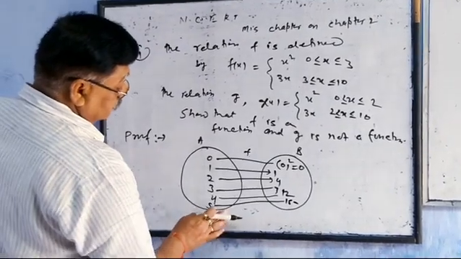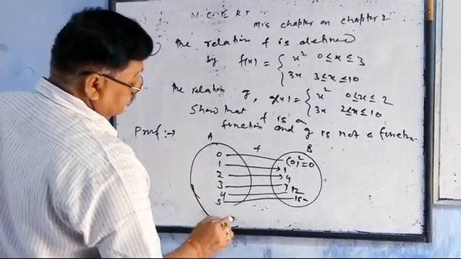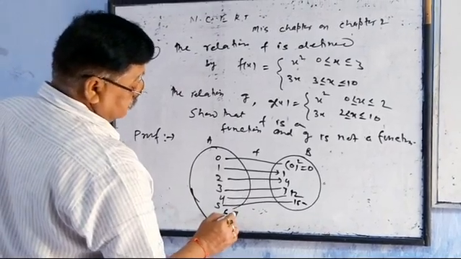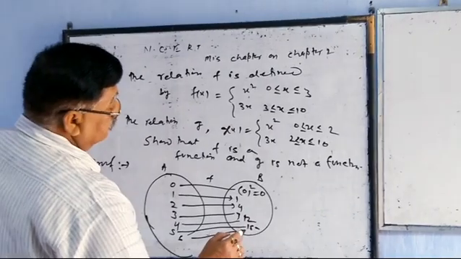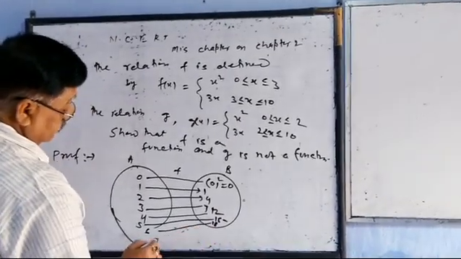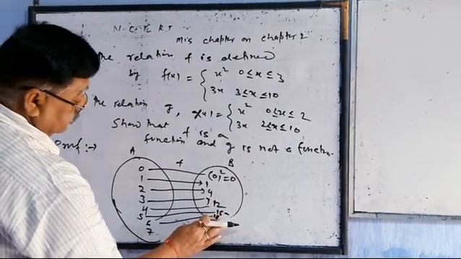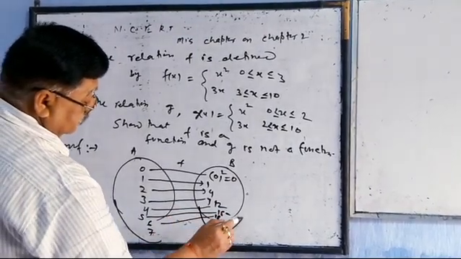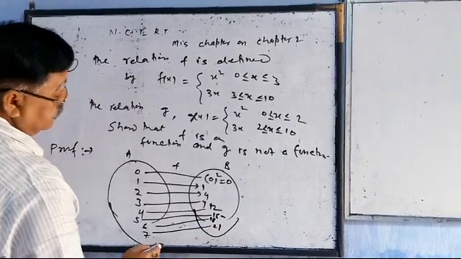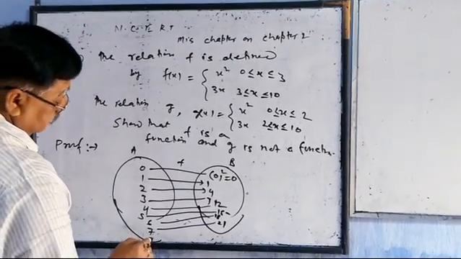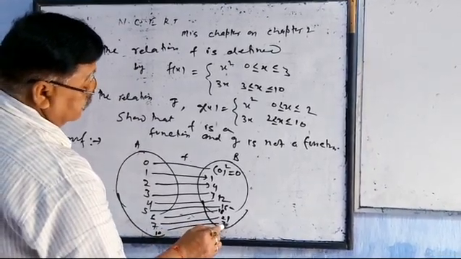x equal to 5 gives 15. Similarly, if we take x equal to 6 we get 18, x equal to 7 we get 21. In this way, if we take 10, that is 30.